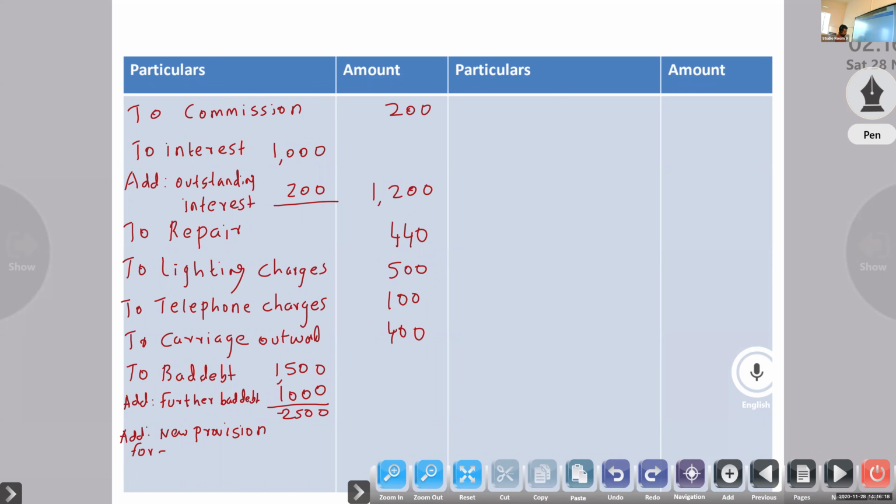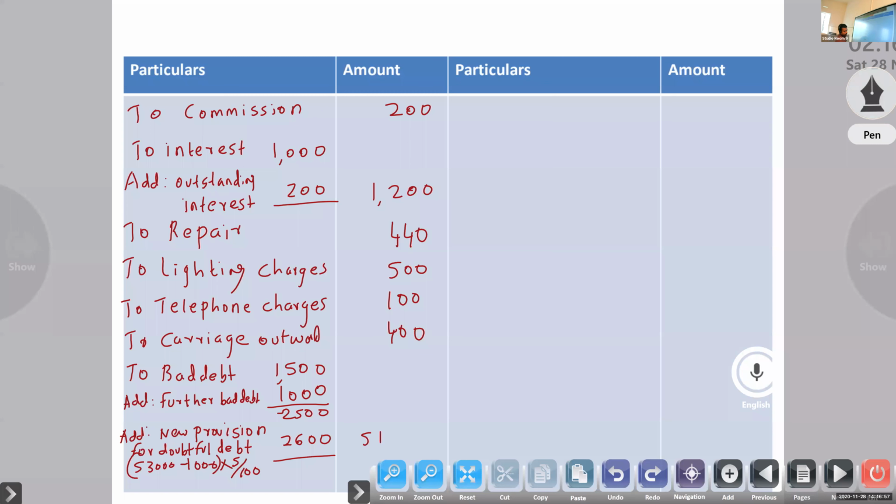To calculate the new provision, it is given 5%. From debtors 53,000 minus further bad debt, so 52,000. 52,000 into 5%, so 2,600.